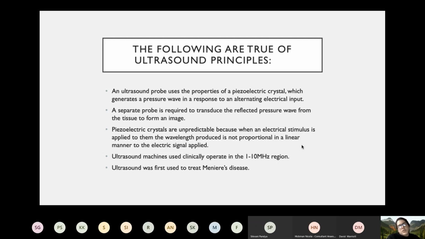Ultrasound machines clinically operate in the 1 to 10 megahertz region. That's true. And finally, ultrasound was first used to treat Meniere's disease. That's actually true. Before it was used for diagnostic imaging, ultrasound was used as a therapy, I think in the 30s, to treat things like Meniere's disease and Parkinson's disease.